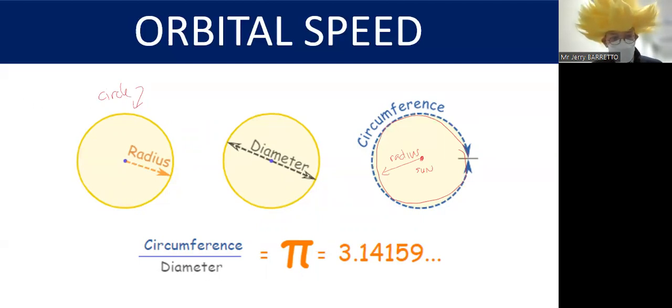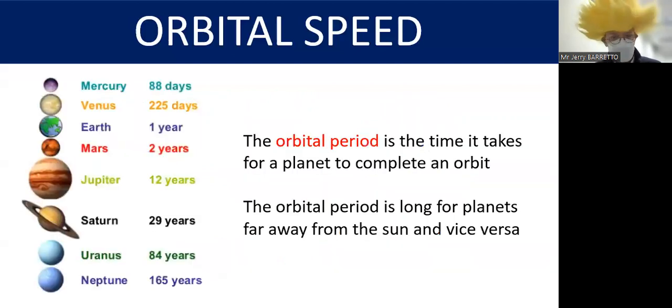Right, let's have some examples. Some idea then of the orbital speed, the orbital period for planets. The orbital period is the time it takes for a planet to go once around the sun.